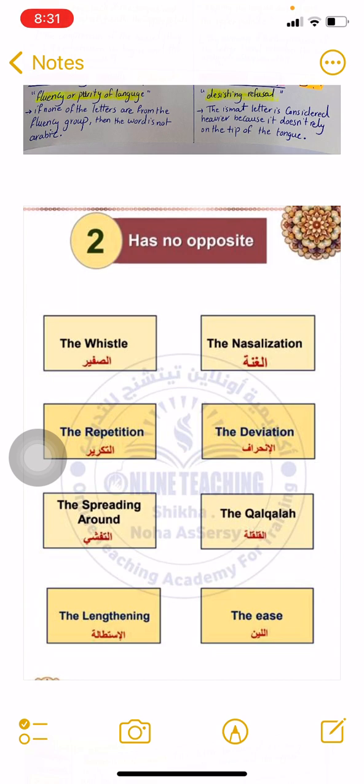It must be only one, not more. Then the spreading, which is called in Arabic al-tafashi. It's present with the letter sheen. It means the spreading of the sound of the sheen letter from its articulation point up to the inner palate of the upper incisors.